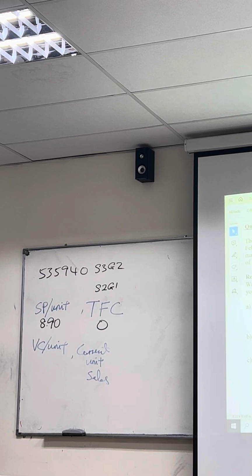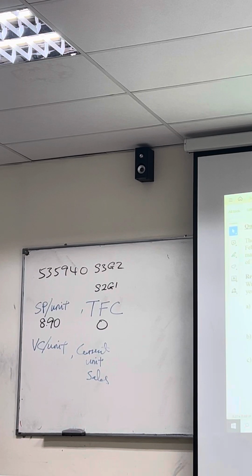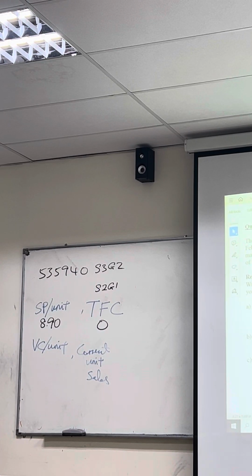From total sales and selling price per unit, can you find quantity? You can find unit. Once you find unit, can you find variable cost per unit? Yes. There you go. How do you find it? Okay, total sales is actually price per unit times quantity, isn't it?